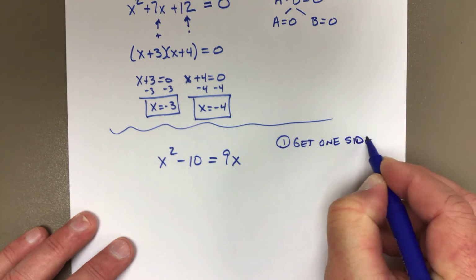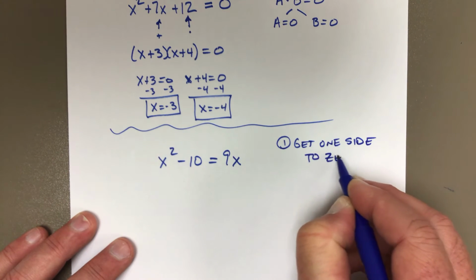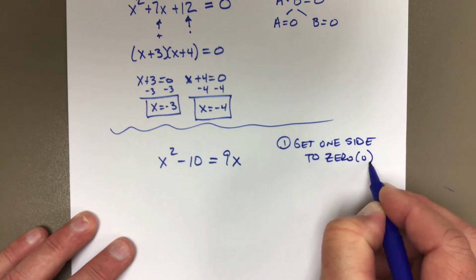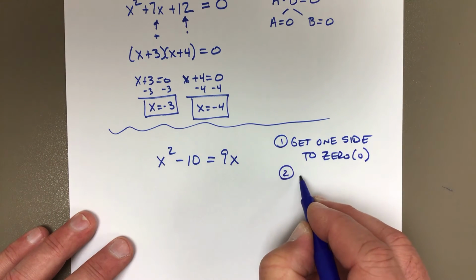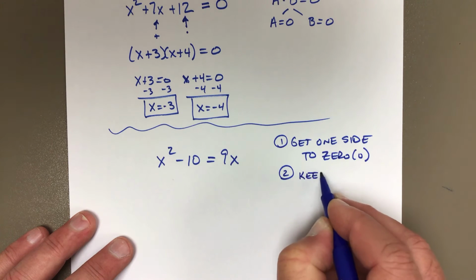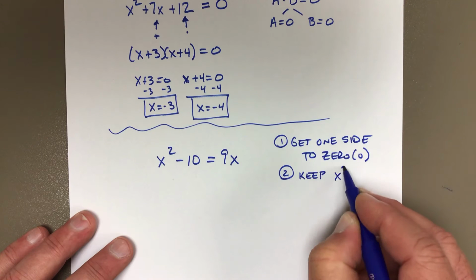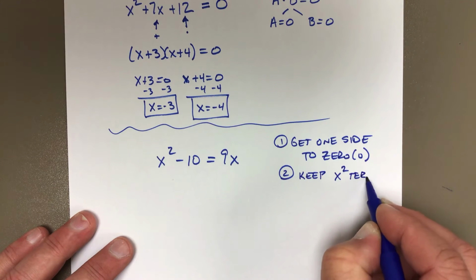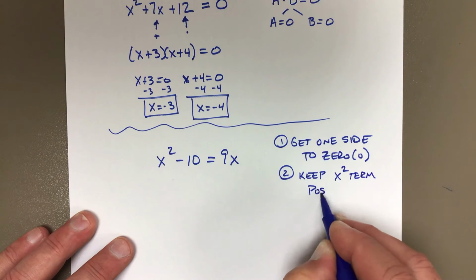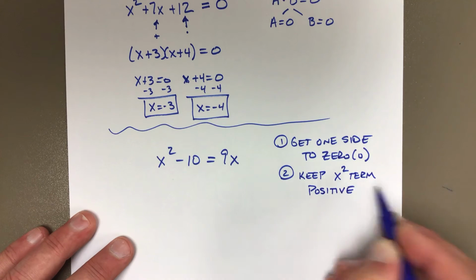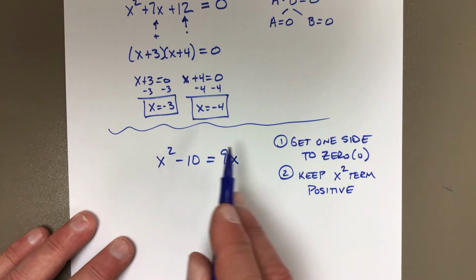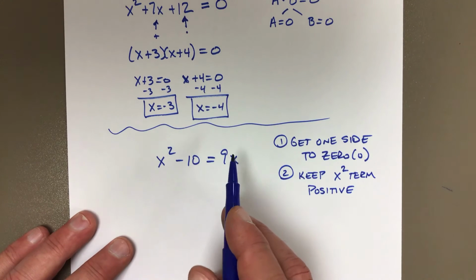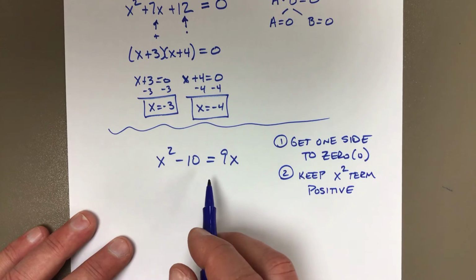And I would tell you to keep the x squared term positive. So we always want to keep this x squared positive. You don't want to move the x squared to this side because then it would be negative x squared. So you don't want to do that.